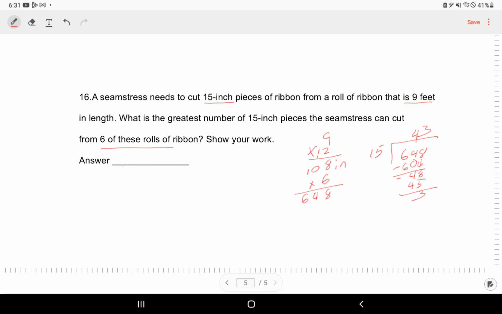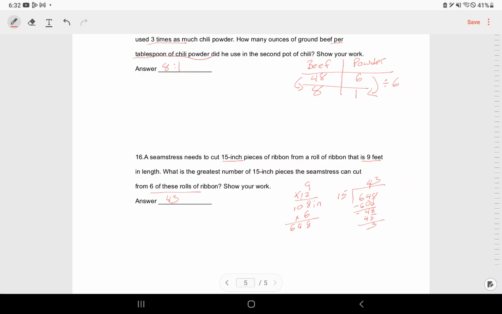And so 43 would be our answer. Now, in the actual test, it'll be a whole number, not a decimal, so it's the greatest number, and so that's it. Okay? Good luck, take your time, and good luck.